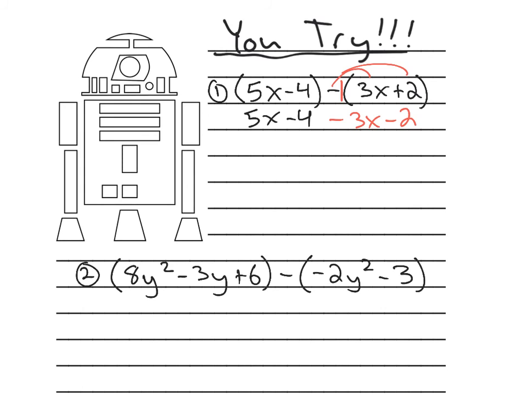What matches? 5x and negative 3x. Those combine to make what? 2x. And then my constants, negative 4 and negative 2, get more negative, to be negative 6. 2x minus 6. The binomial with a degree of 1. Degree 1.